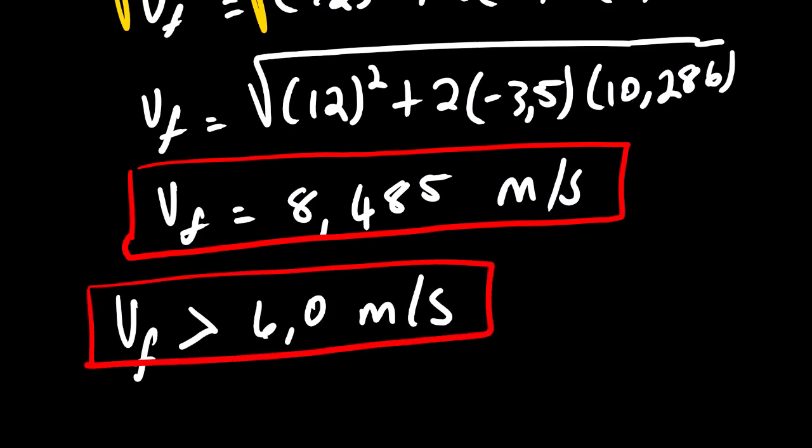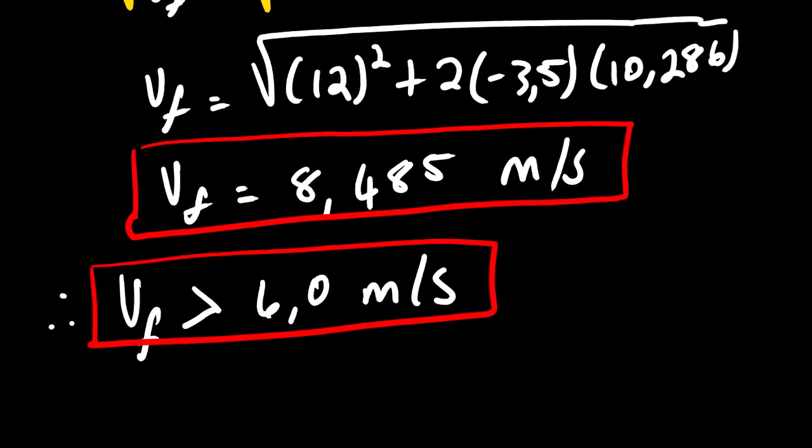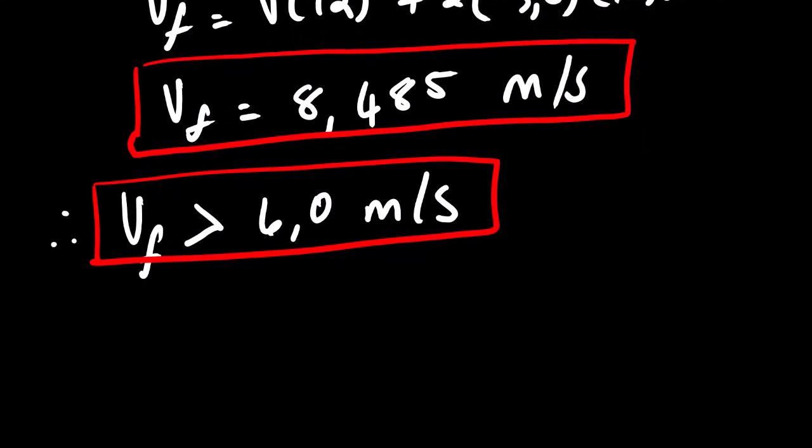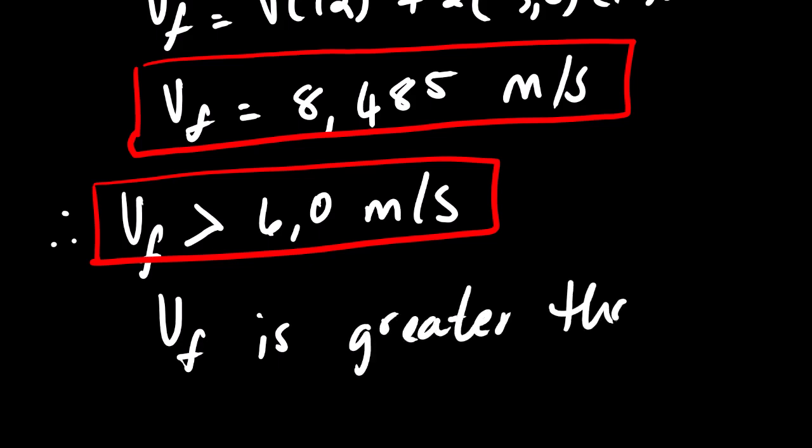That is the conclusion. Remember, the question was asking whether it is less than, greater than, or equal to. Or we can write VF is greater than 6.0 meters per second. Another conclusion.